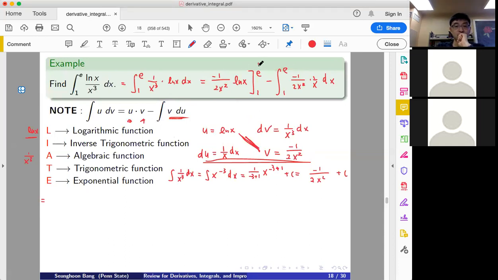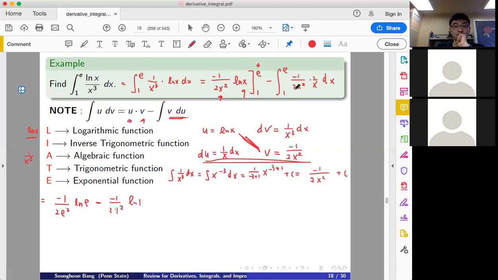You just plug e in here. Negative 1 over 2 times e squared ln of e, minus, plugging in 1, minus 1 over 2 times 1 squared ln of 1.